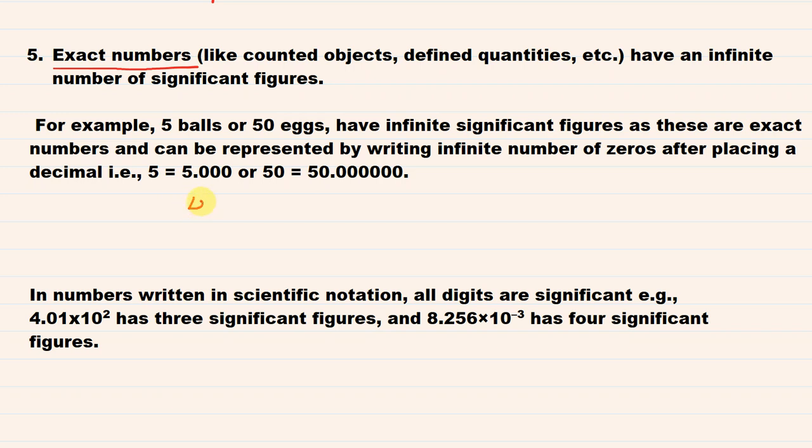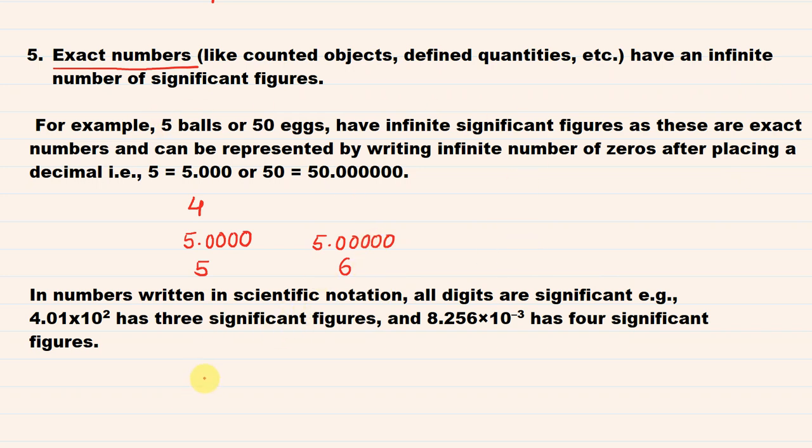Here, a total of 4 significant figures are present because these are trailing zeros and we have a decimal point. I can write 5 as 5.0000. Now, I have added one more zero, so the total significant figures will be 5 here. It can be written as 5.00000, and this number will have 6 significant figures. I hope this point is clear now.